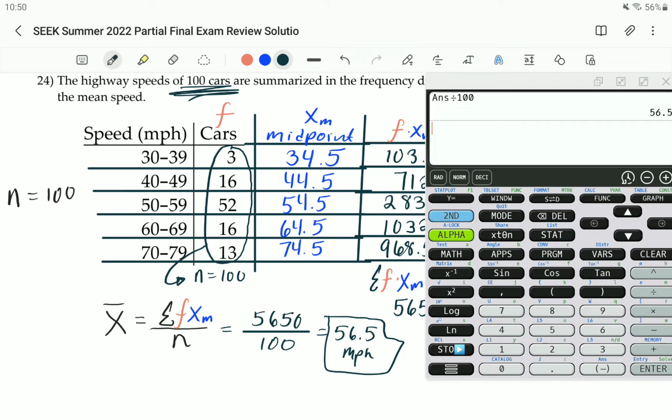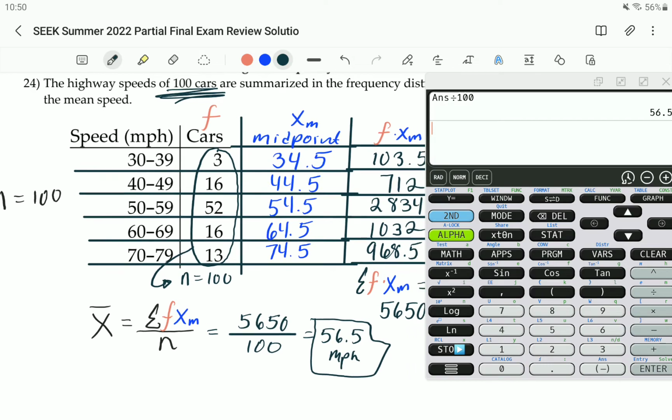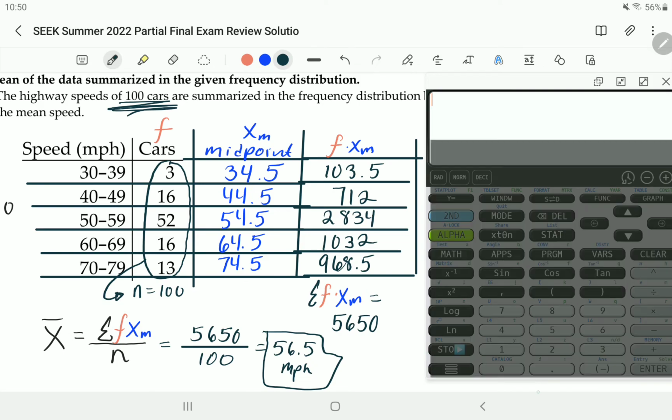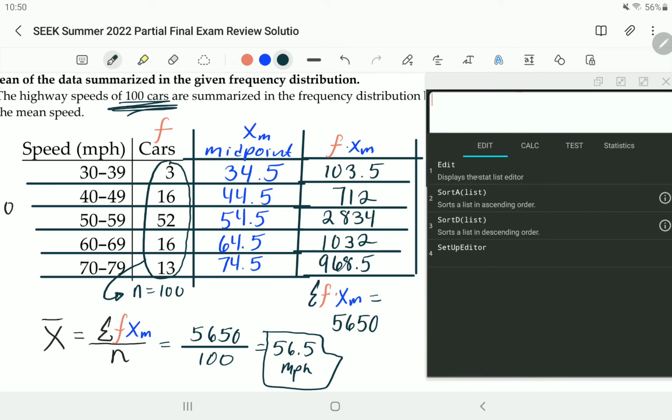Let's do it in a TI-84 calculator. When you're plugging into the TI-84 calculator, you still need to find your midpoints. So regardless of anything, you need to find the midpoints. Let's clear this. So what you're going to do is go to Stats. Make sure it's under Edit.